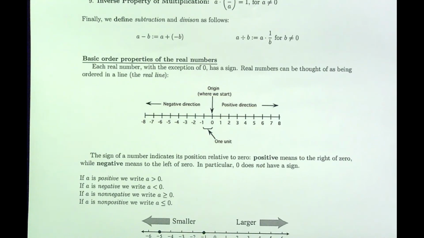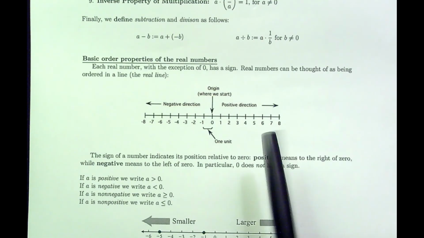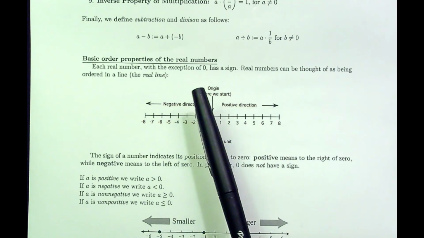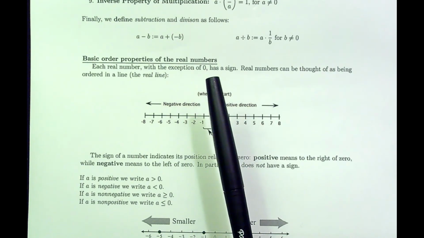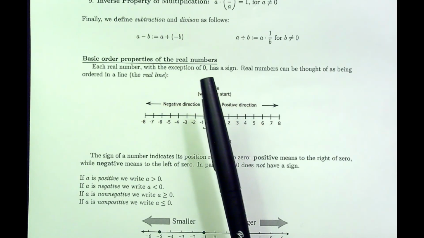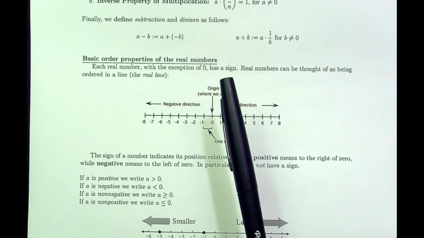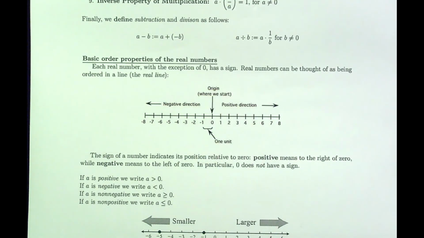All the positive numbers are going to be to the right of 0, and all the negative numbers are going to be to the left of 0. And 0 is the only number that is neither positive nor negative. 0 is like the point of reference. To the right of 0 means positive. To the left of 0 means negative. There's no sign for 0. 0 is the origin where you start.